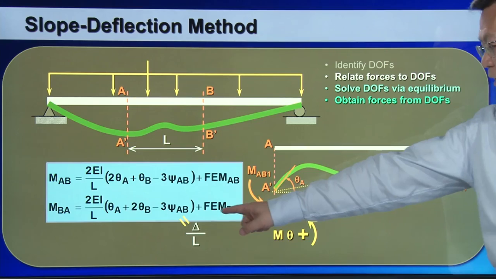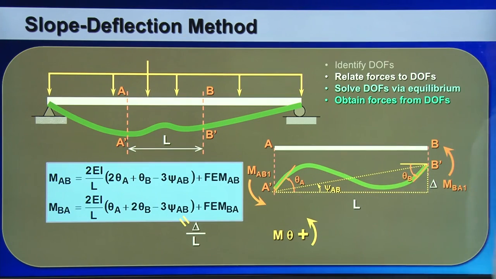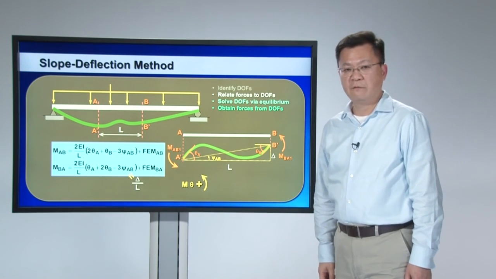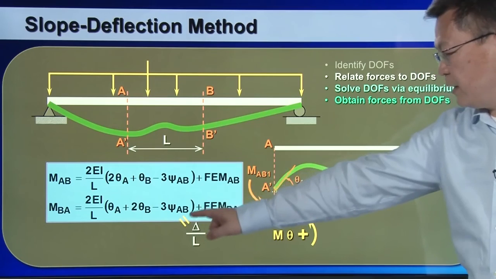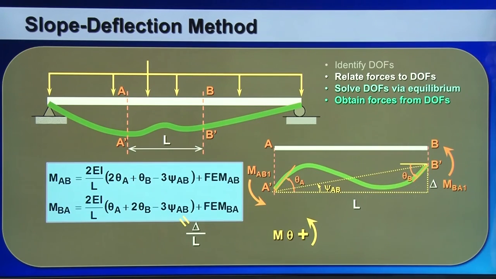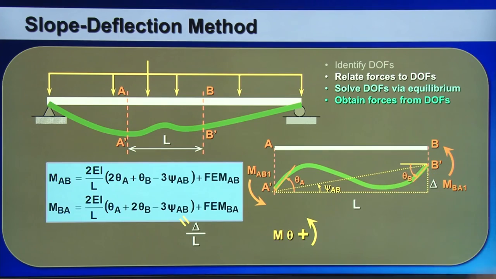And again, at the end of the equation is a fixed end moment, BA, which can be obtained from the lookup table. Note that the rigid body rotation angle can be related to the relative displacement between A and B. So it is equal to the relative displacement between A and B divided by the length of the segment.